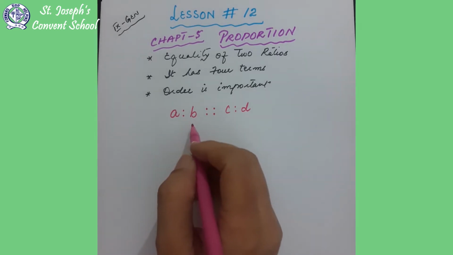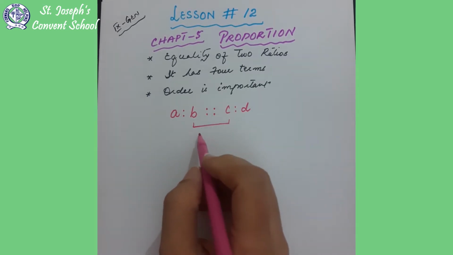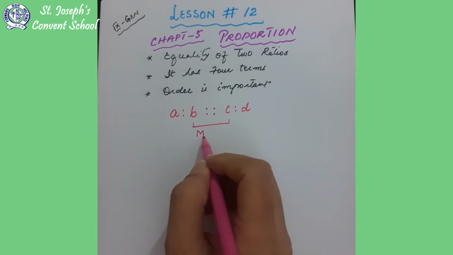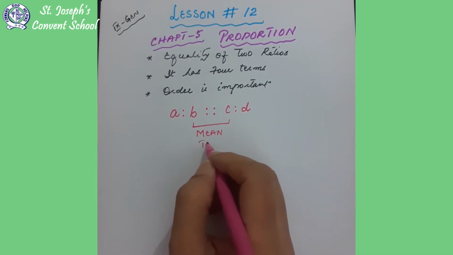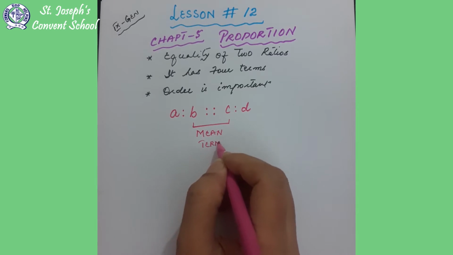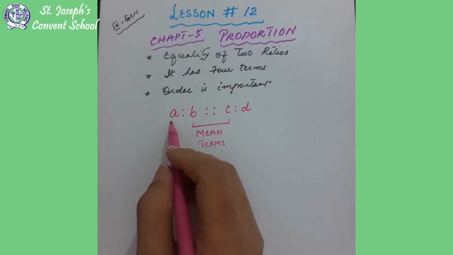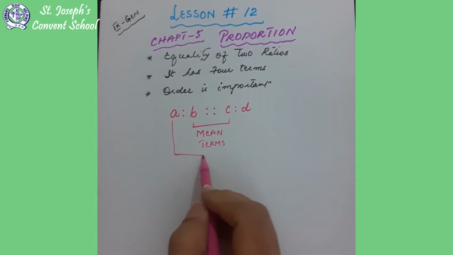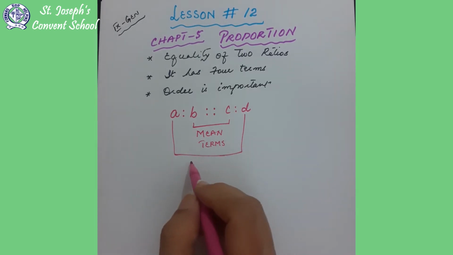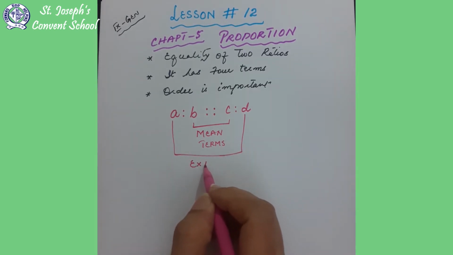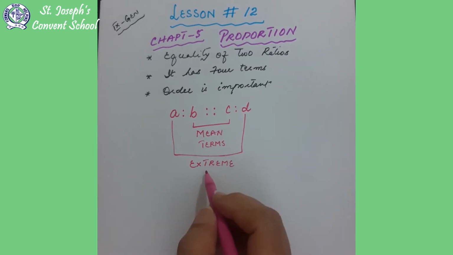Now these two middle terms are known as mean terms. And the first and last terms are known as extreme terms.